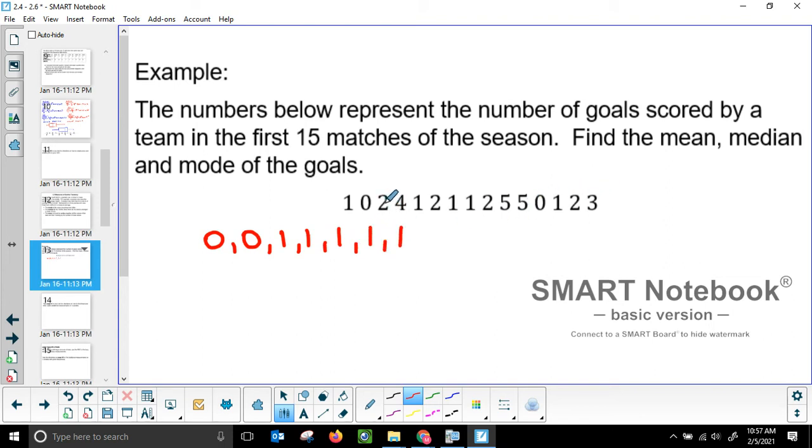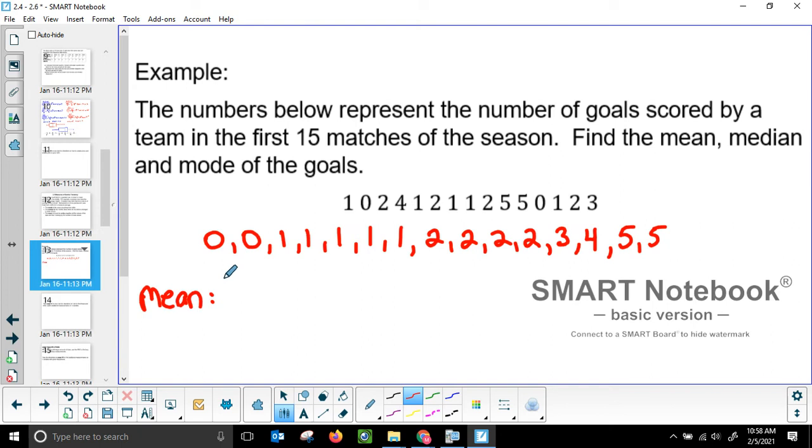We have 2 zeros, 5 ones, 4 twos, just 1 three, 1 four, and 2 fives. Let me make sure I have the same number here: 1, 2, 3, 4, 5, 6, 7, 8, 9, 10, 11, 12, 13, 14, 15. All right, we're good.